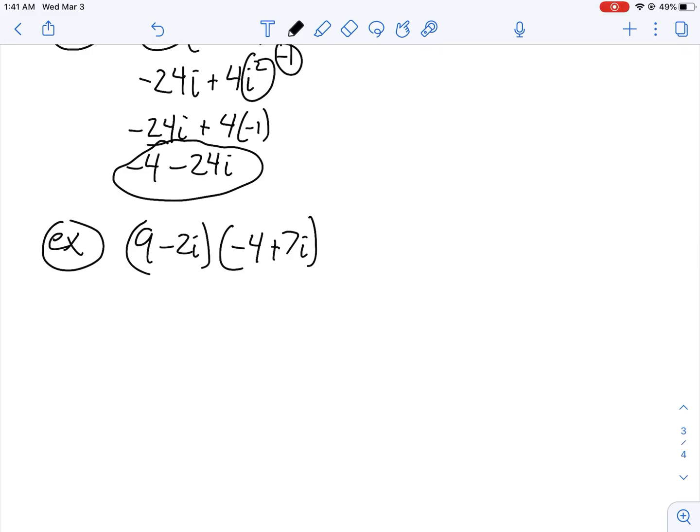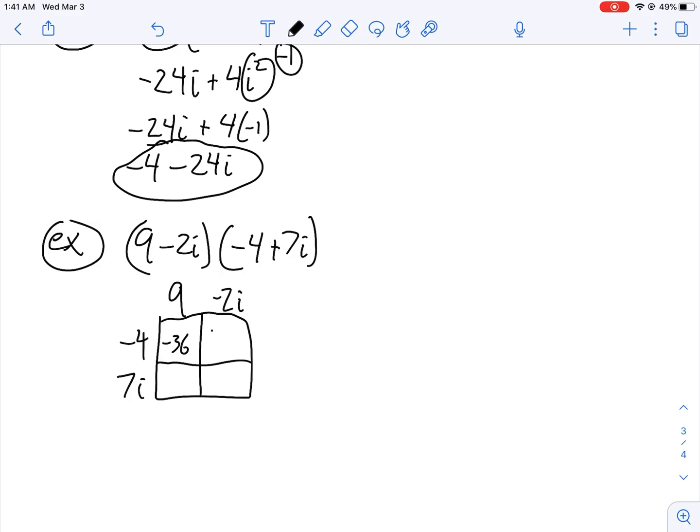So I'm going to go ahead and multiply these into the box. 9 minus 2i, negative 4 plus 7i. Negative 4 times 9 is negative 36.